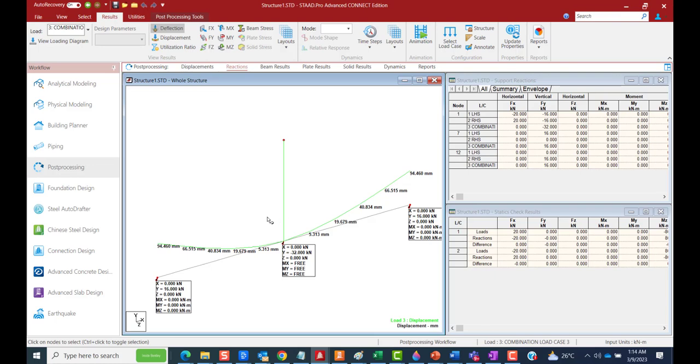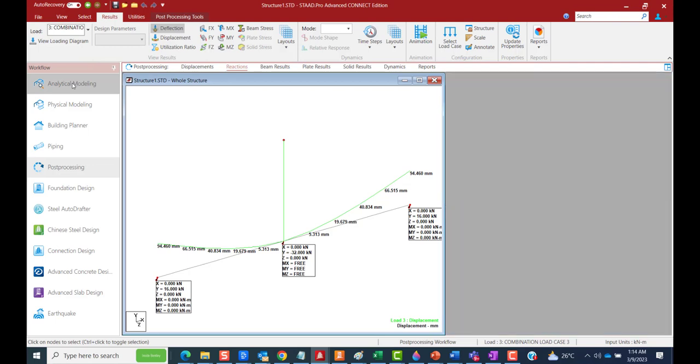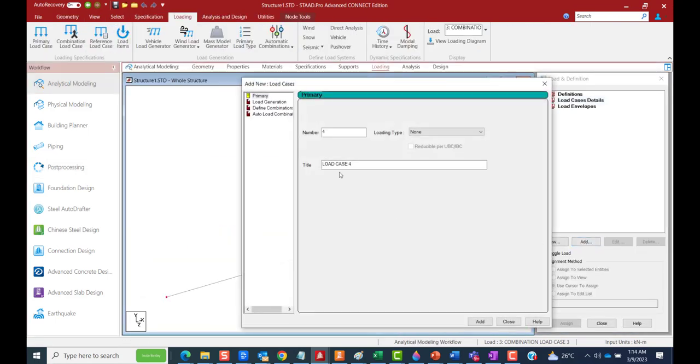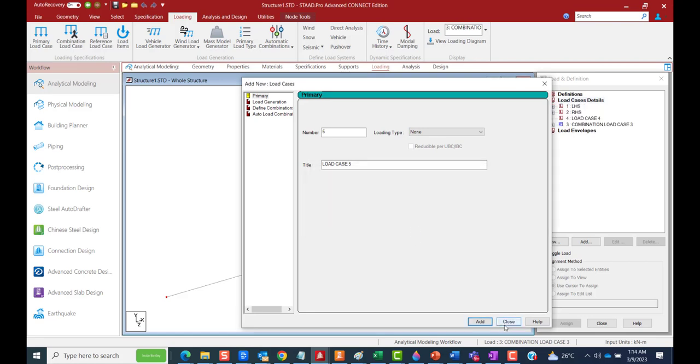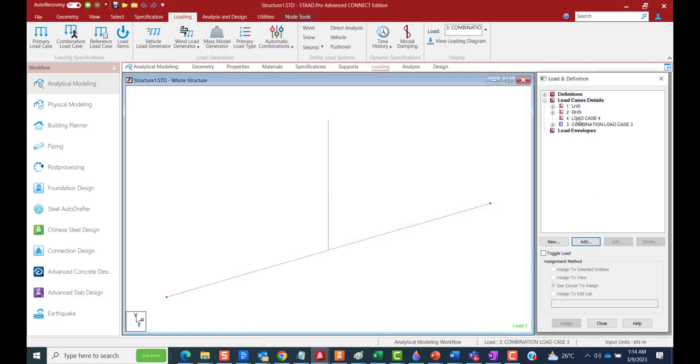So now let's see what if I use the repeat load option here. Let's create a third primary load case, because repeat load is basically a new load case: the program is going to solve for this, rather than picking those individual responses and algebraically summing them up. No, repeat load is not doing this.